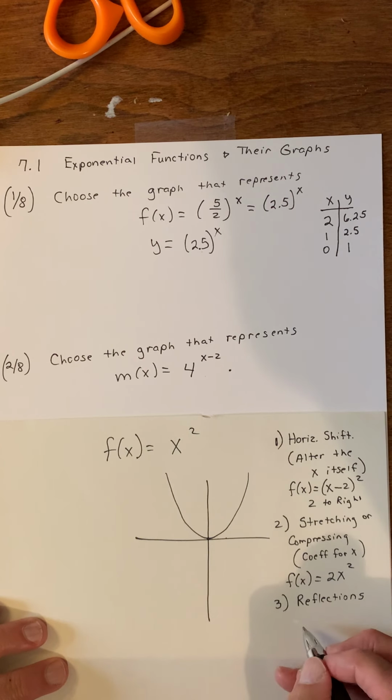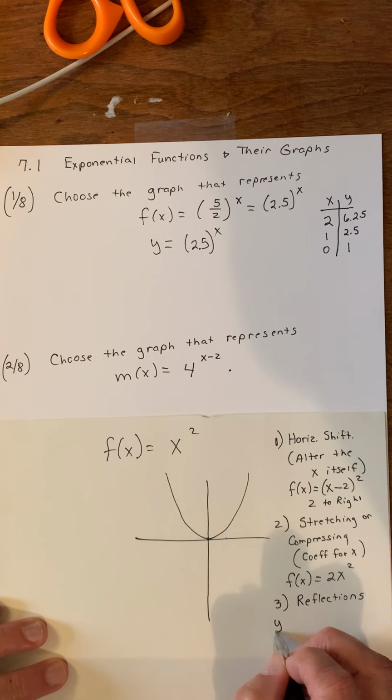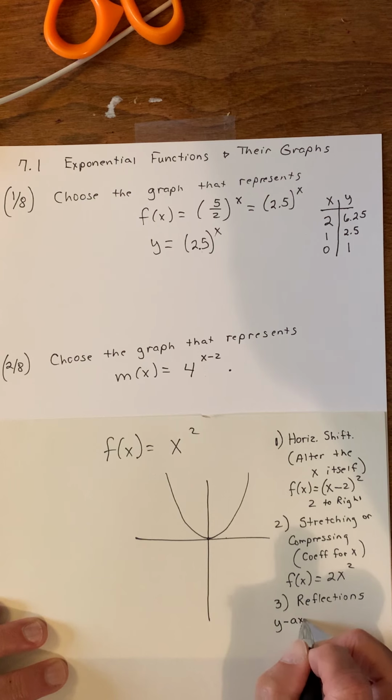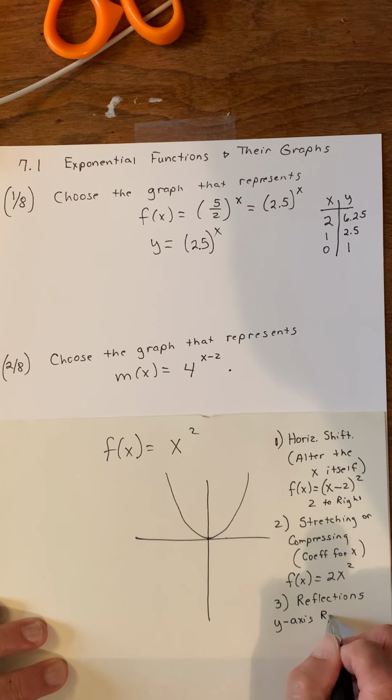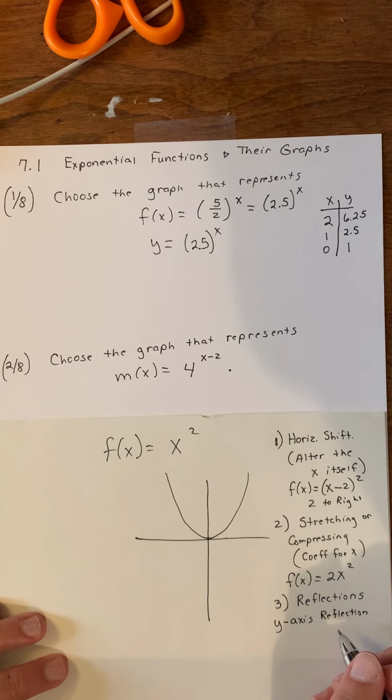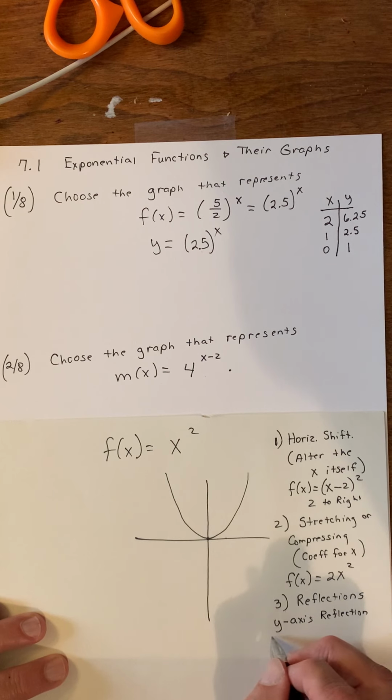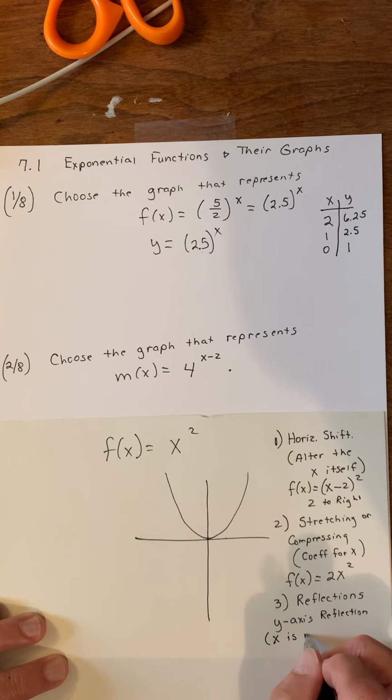And of course there's two kinds of reflections. There is a y-axis reflection, and that happens when the x is made negative. X itself is made negative.